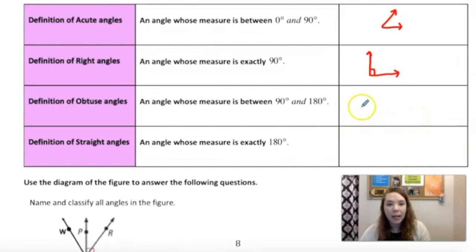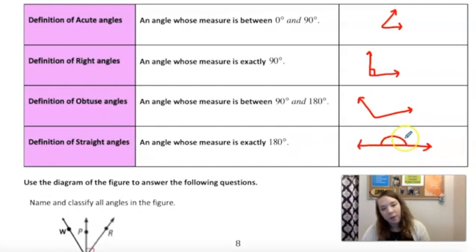Obtuse is between 90 and 180, so larger than a right angle, but not quite flat. And then a straight angle is a straight line. So you'll sometimes also see this curve here to let you know it's perfectly flat.